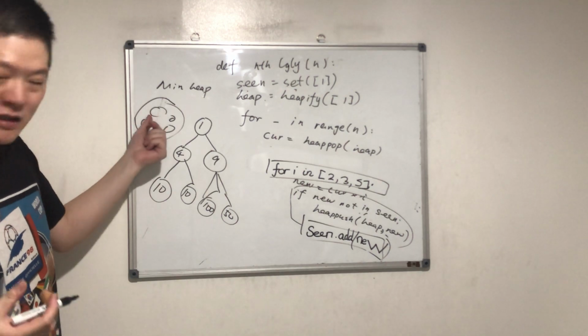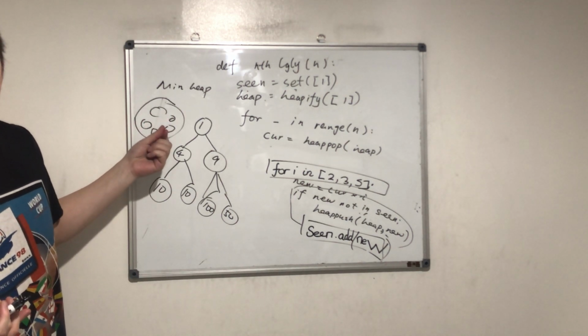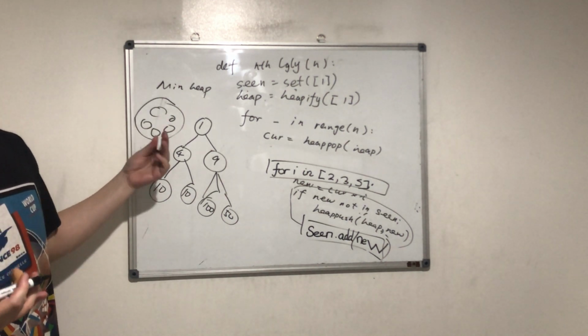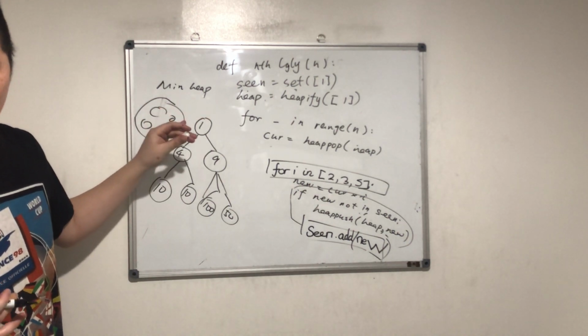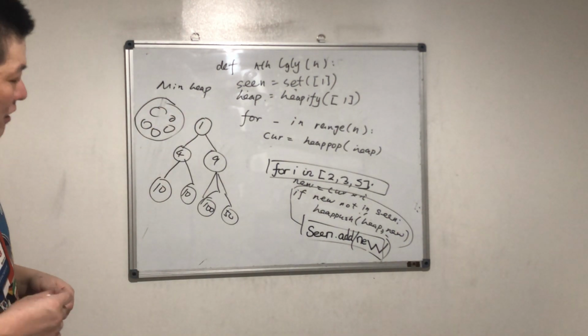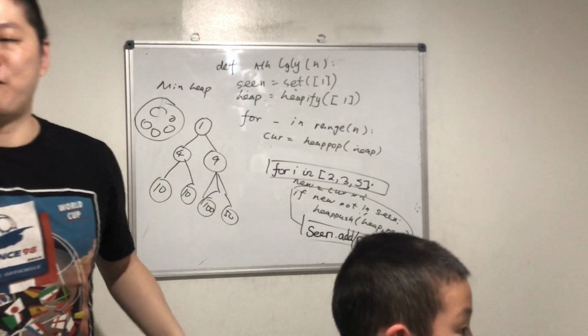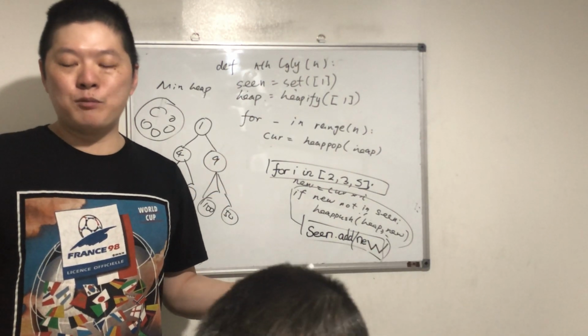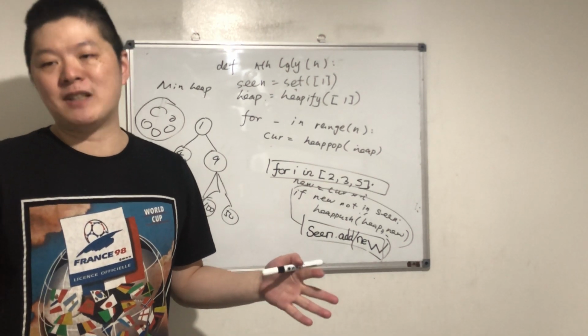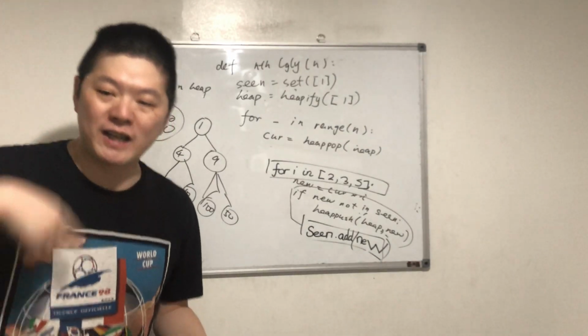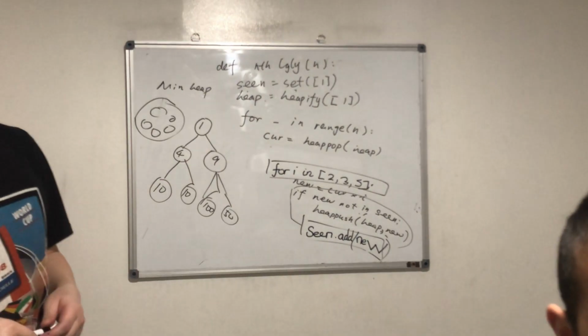It contains only ugly numbers, not any non-ugly numbers. That's why this approach is much faster than the previous one. For example, if there are many prime numbers bigger than 5, they're not ugly numbers, but you still have to check them. Does it make sense?